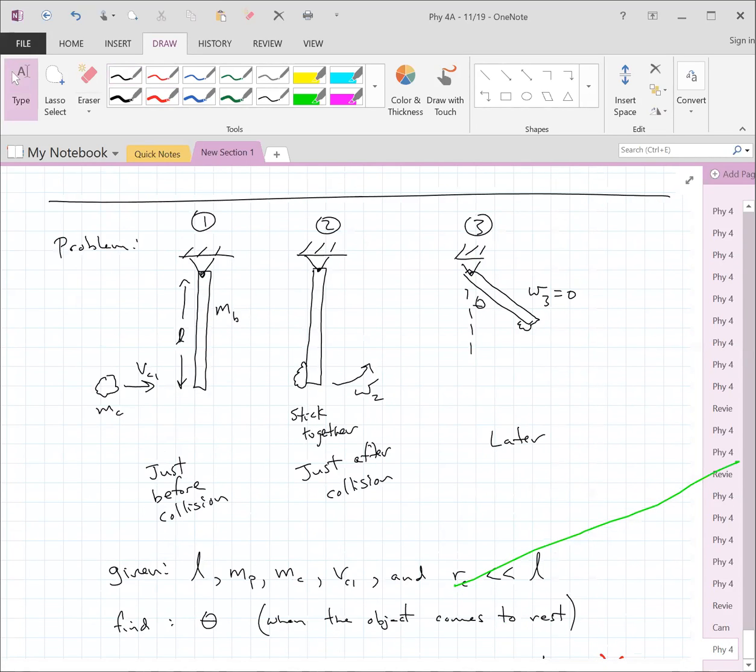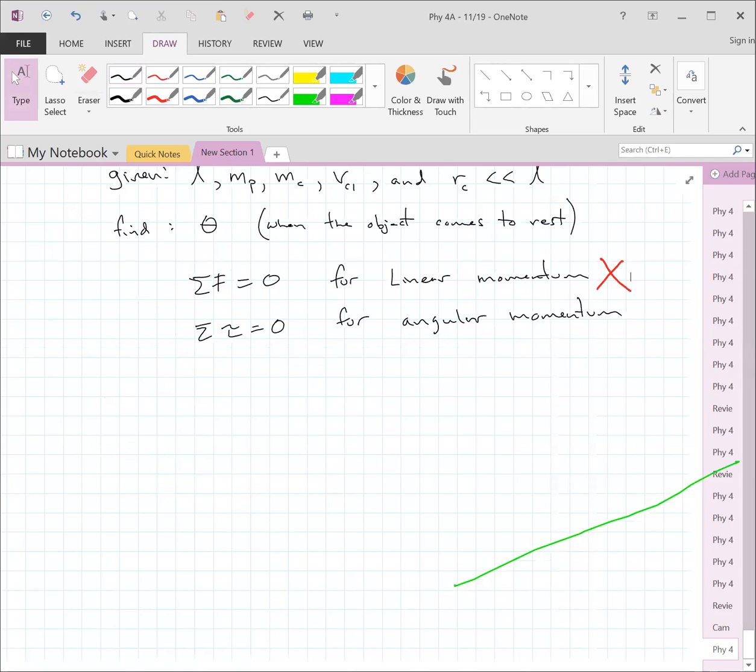The axle here is low friction, and for the instant that this collision is taking place, there are no external torques, gravity isn't acting on it yet, because obviously gravity is going to provide some external torque and slow the thing down as it rises up. But for that split second before and after the collision, we can say the net torque is zero. We're going to use angular momentum.